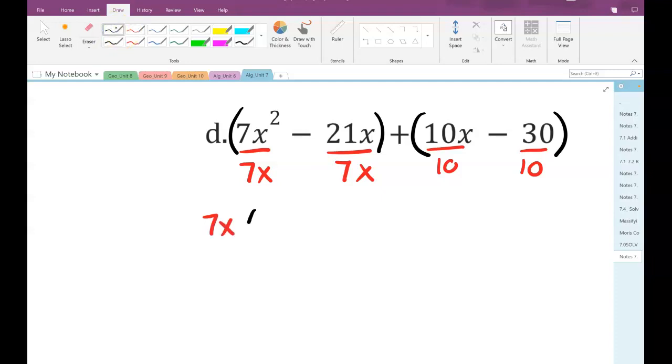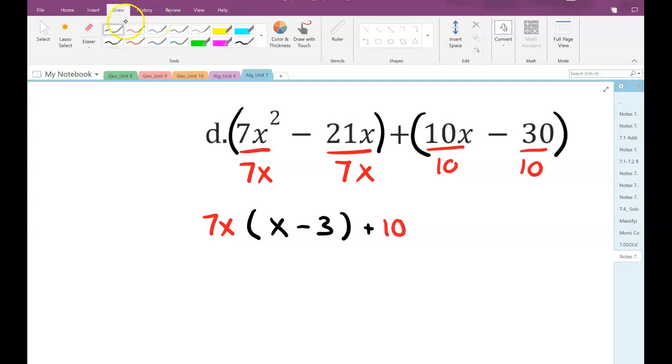We have our first factored group, so x minus 3. And then I always think to myself, all right, if I'm doing this right, I know my pairs of parentheses are going to match. So when I divide the second one by 10, I should get x minus 3. So I factor out a 10. So we have plus 10.